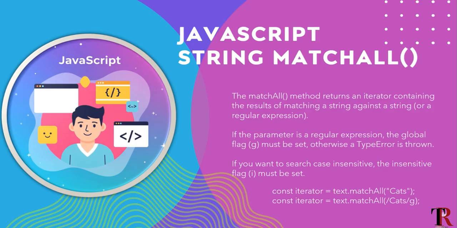Now, if the parameter is a regular expression, the global flag G must be set, otherwise a type error is thrown. So if we are using a regular expression to search, you definitely need to include the G flag in order not to get a type error when you are working in your browser. If you want to search case insensitive, the insensitive flag I must be set.